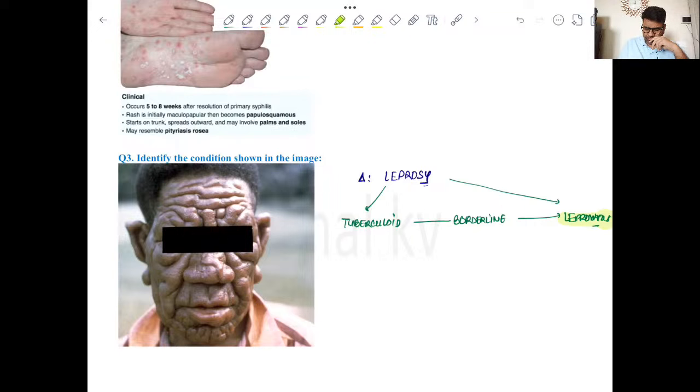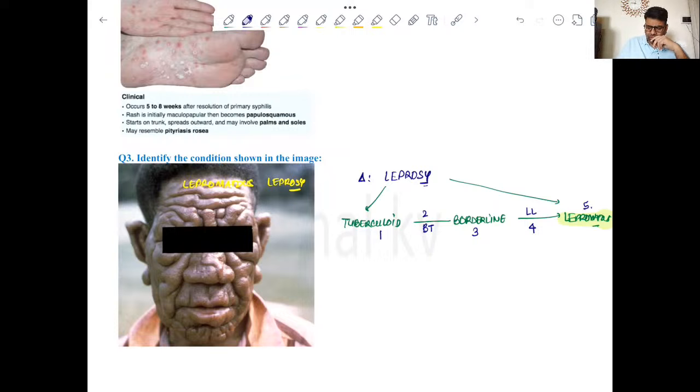So this one is lepromatous leprosy, because in leprosy we have a spectrum: tuberculoid, then borderline tuberculoid, then borderline, then borderline lepromatous, and finally lepromatous leprosy.